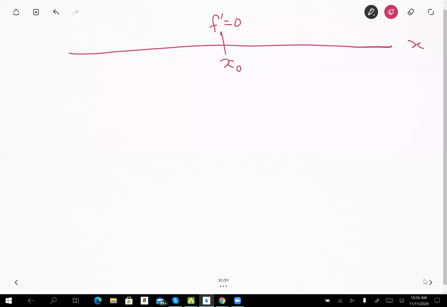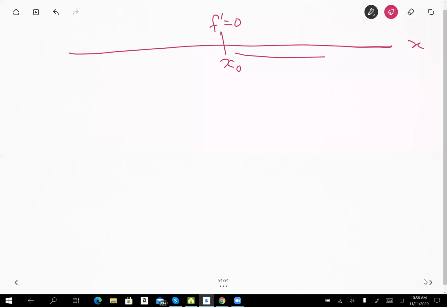Next. If you look at the graph again, the critical point is in the middle, in the center. If I can draw the values of x, I got here x0. Don't worry about the origin. We just worry about the critical point. That is where f prime is equal to 0.